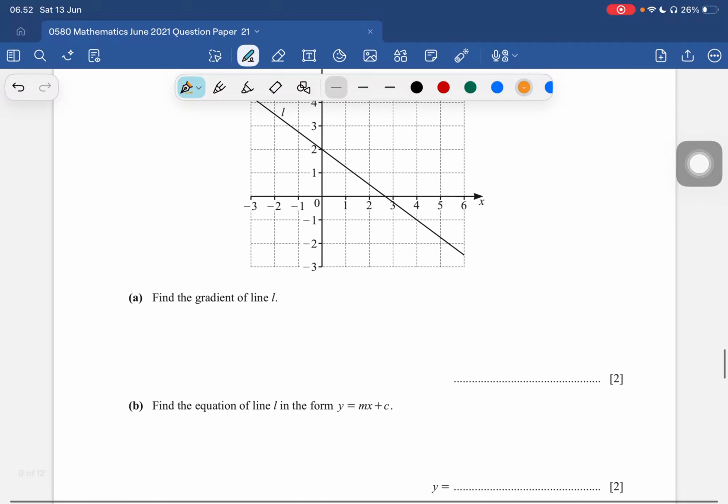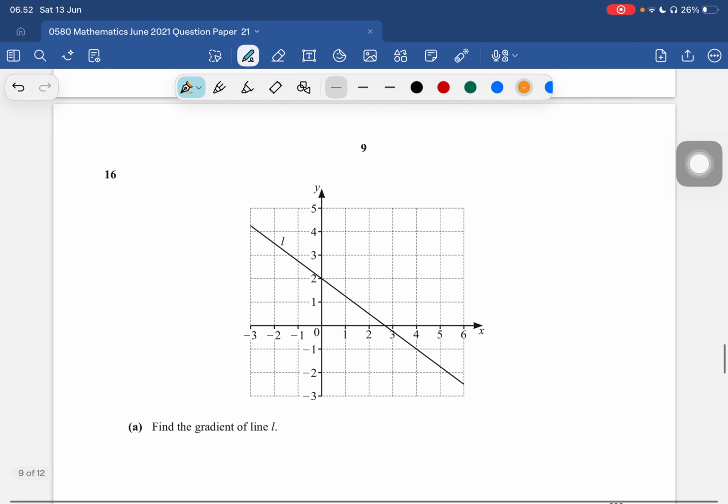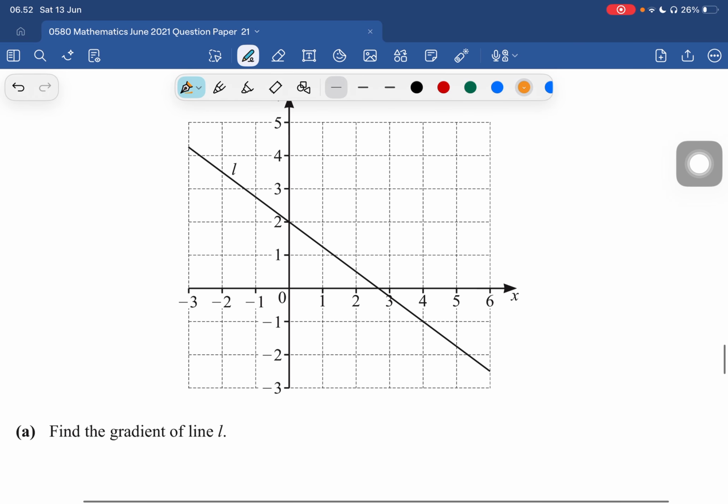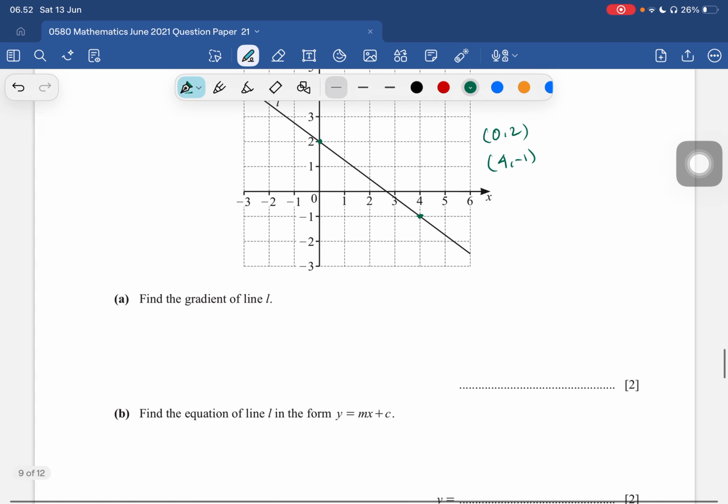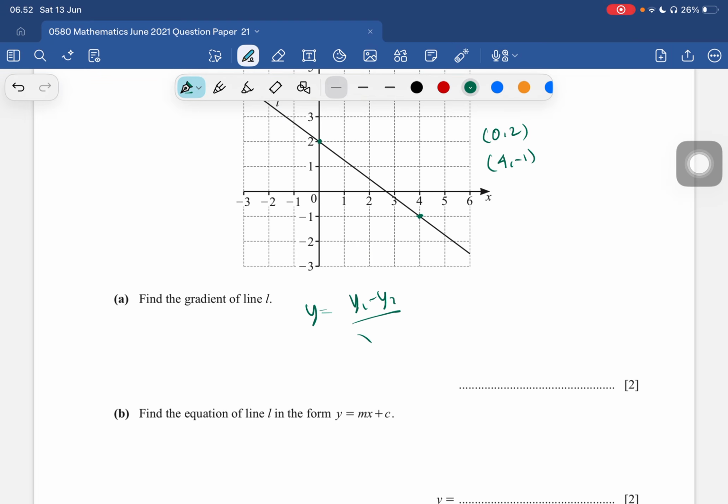Okay, 16. Find the gradient of the line. Let us pick 2 points. It's pretty easy. The points are (0, 2) and (4, -1). So the gradient is y1 minus y2 divided by x1 minus x2.